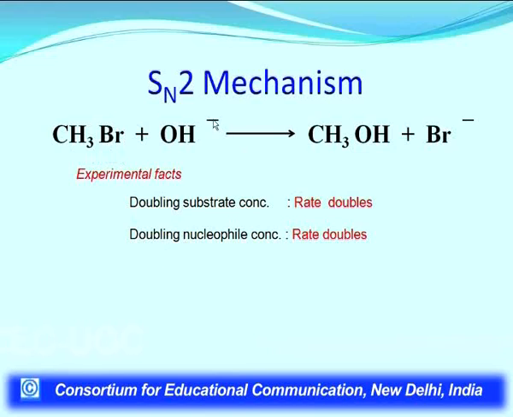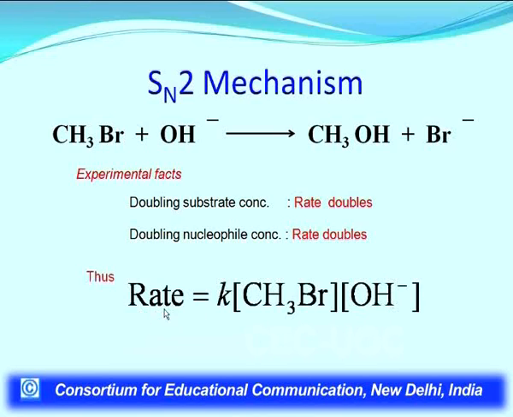Then when the concentration of hydroxide ion is doubled, again it is found that rate doubles. It means the rate of the reaction also depends on the concentration of hydroxide. In this particular example, experimental facts tell us that the overall rate of the reaction depends upon both the substrate as well as the nucleophile, and the order with respect to each of these substances is 1.